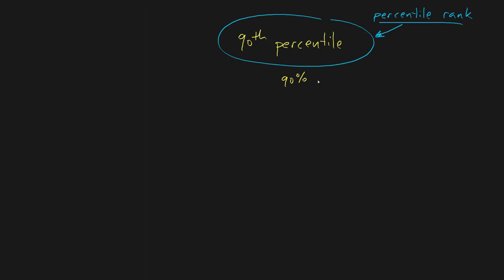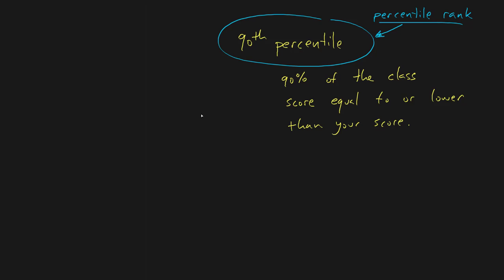So the term percentile is actually, in common language, really a percentile rank. And what it means is that 90% of the class scored equal to or lower than your score. So remember how I said you could have failed but still be in the 90th percentile?